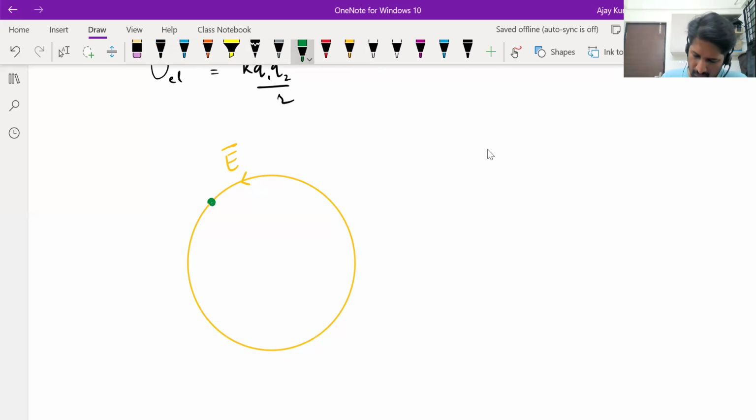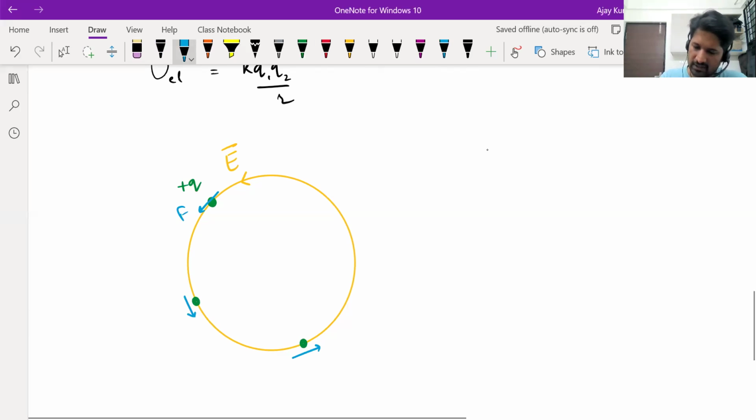A positive charge experiences force in the direction of the field, so the force will be this way at every point.